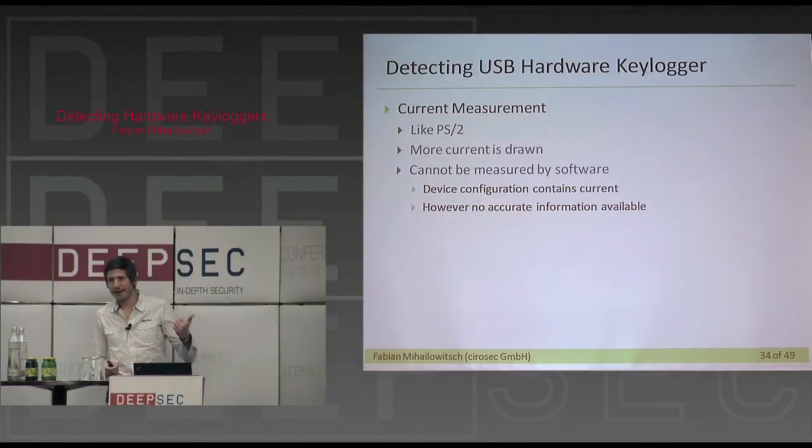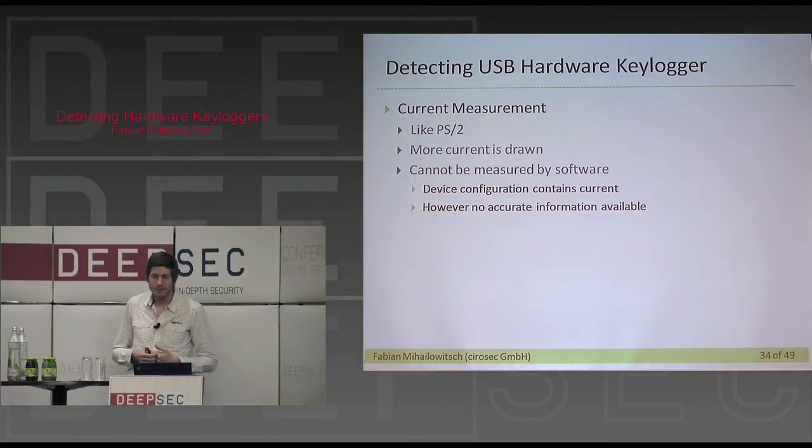So basically, I had some similar ideas for USB like I had for PS2. I thought if you look in the Device Manager, that's cool, you actually can see how much current a device draws. So maybe we can detect keyloggers. But the problem is, the Device Manager doesn't show how much current is really drawn. It just shows the value the device sent during its configuration.